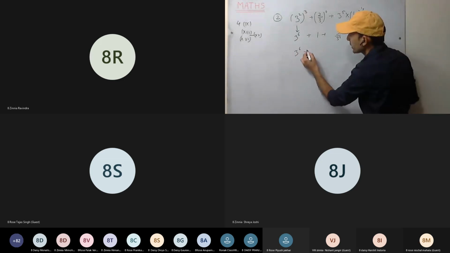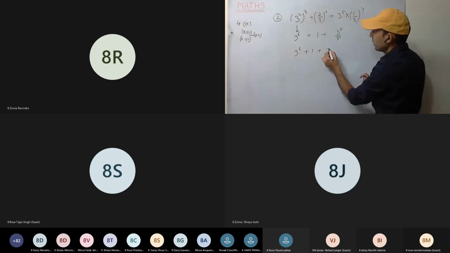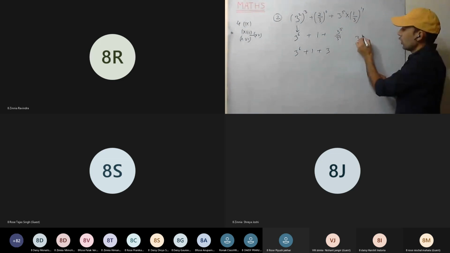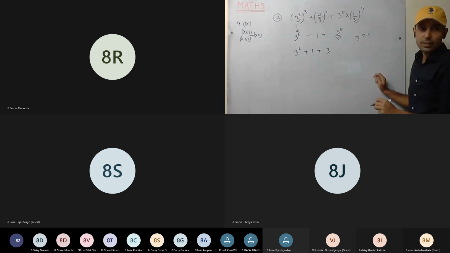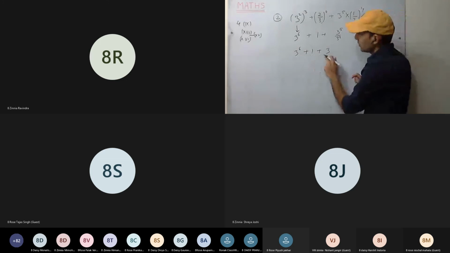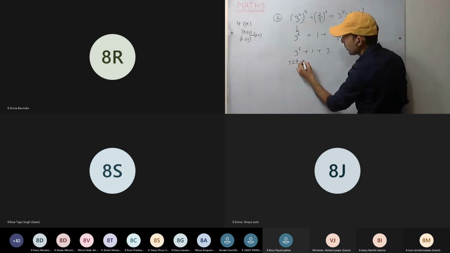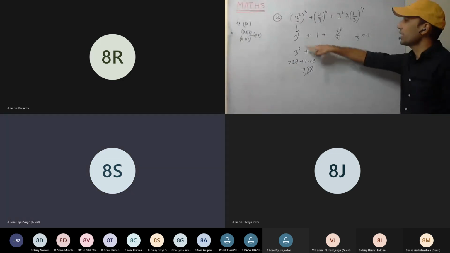Which question are you taking, sir? It is the second question in the question paper. So 3 raised to power 6 plus 1 plus 3 raised to power 5 minus 4. Now it is 729 plus 1 plus 3, which is 733. Is this clear? It was very easy.